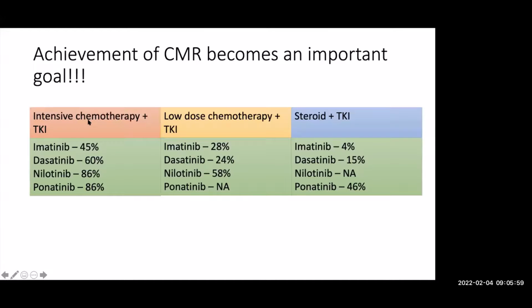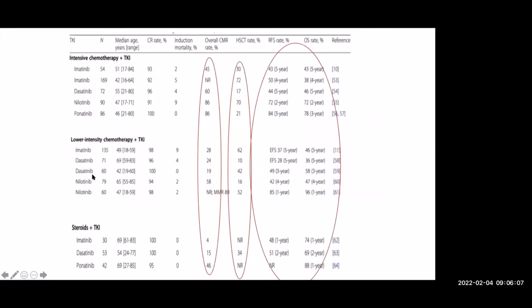So if we give intensive chemotherapy and use a third generation TKI, we are getting a CMR rate of almost 86%. And that has actually resulted in the decreased allotransplant rate in the later trials which are mentioned over here.